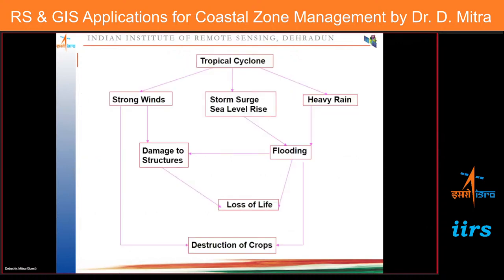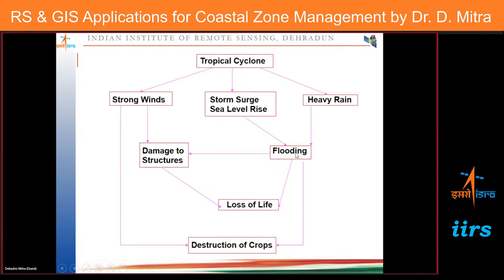Whenever there is a tropical cyclone, multiple disasters happen with a single cyclone. There will be strong wind, local storm surge or sea level rise, and heavy rain. Strong wind causes damage to structures and destruction of crops.